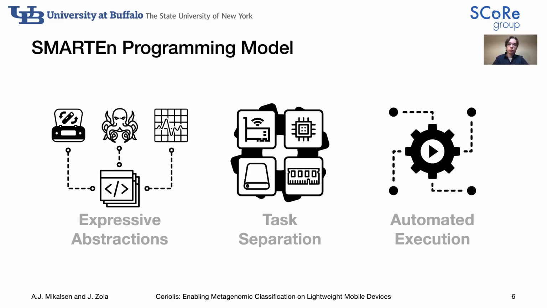As a result, the programmer only worries about the high-level classification algorithm, and all the details about how that algorithm maps down to the underlying hardware and how data is managed is done by the SMARTN runtime system and the programmer doesn't need to worry about it.